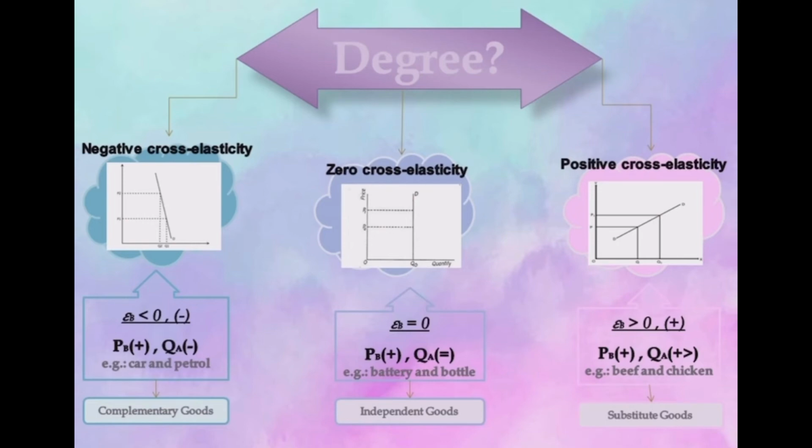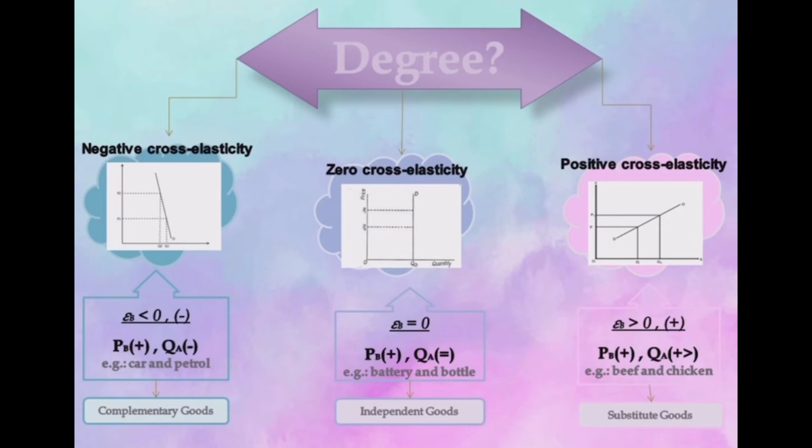For zero cross elasticity, if the price of product B increases, the quantity of product A has no response to the change in price of product B, because the relationship between the goods is independent goods.